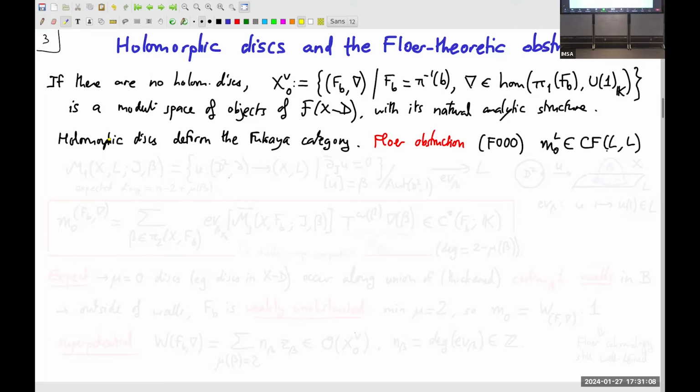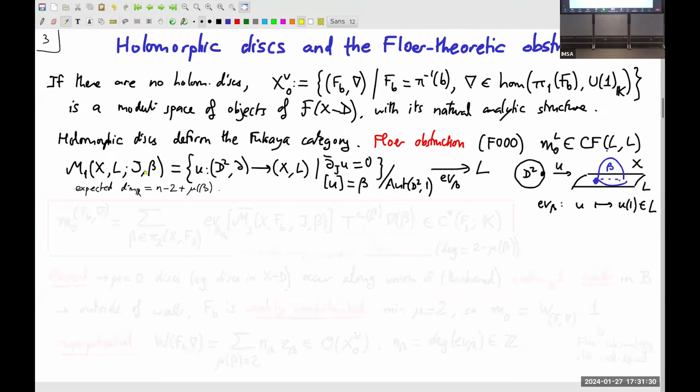So holomorphic disks will, of course, deform everything in Floer theory. And the most basic way in which we do so is using this obstruction thing called M0, which is an element of the Floer complex of a Lagrangian with itself for every Lagrangian. So this comes out of Fukaya-Oh-Ohta-Ono. So M0 of a Lagrangian comes out of counting holomorphic disks in X with boundary on L with one marked point at the boundary.